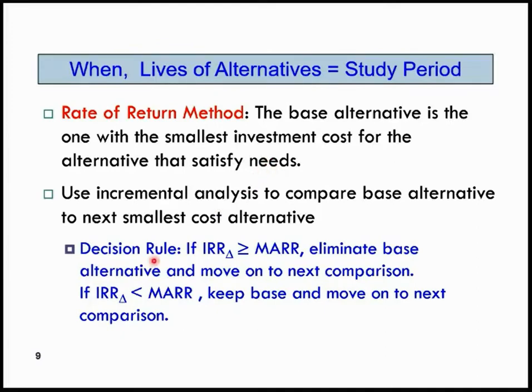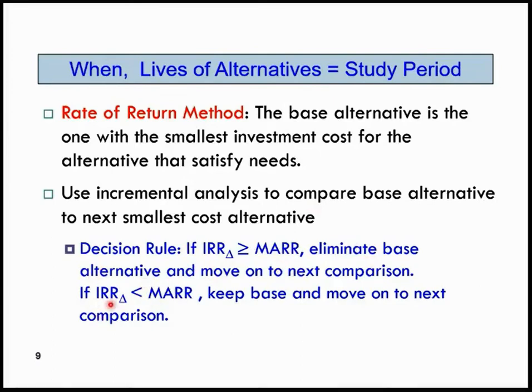And in this incremental analysis, the decision rule is this. We find the IRR, the internal rate of return of the difference, the incremental project. And if this is greater than or equal to the MAR, we eliminate the base, and the new project becomes our base.